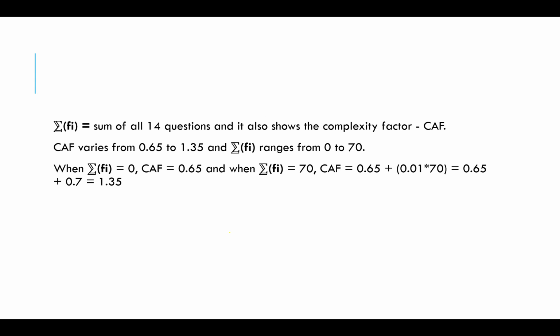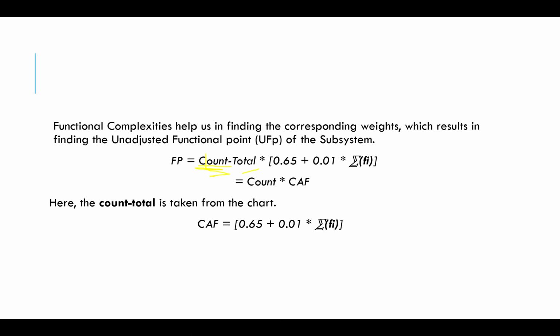So CAF will range from 0.65 to 1.35. Let me explain how. If every factor used to calculate sigma fi has a weight of 0, then this term becomes 0, so the CAF becomes 0.65.